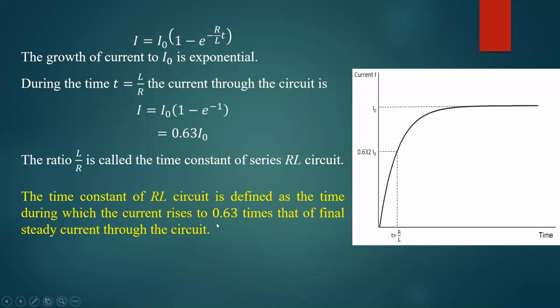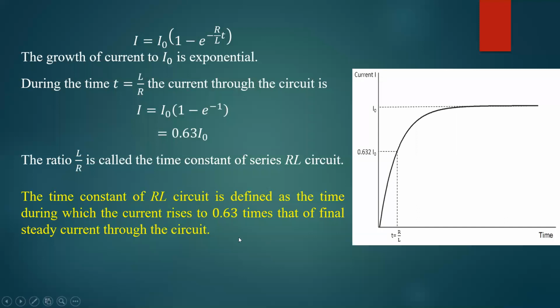So the time constant in an RL circuit is defined as the time during which the current rises to 0.63 times the final steady current through the circuit, that is, 0.63 times I naught. The time required for the current to reach this value is called the time constant.